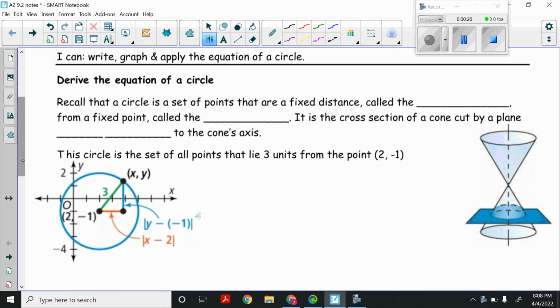Recall that a circle is a set of points that are a fixed distance, called the radius, from a fixed point. That fixed point is called the center.